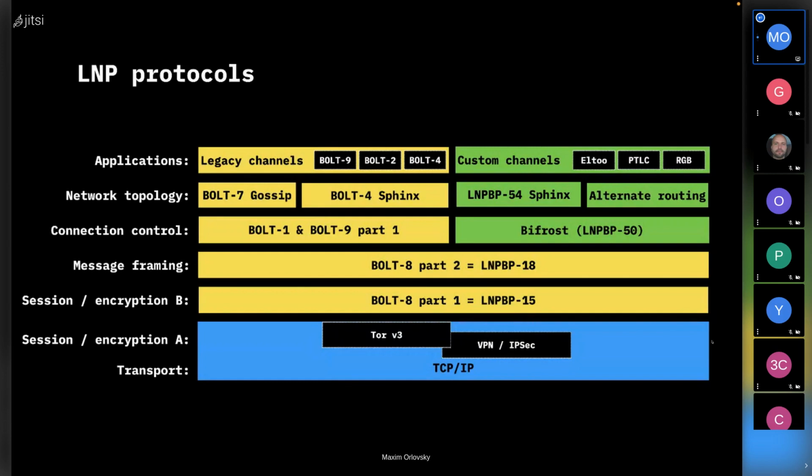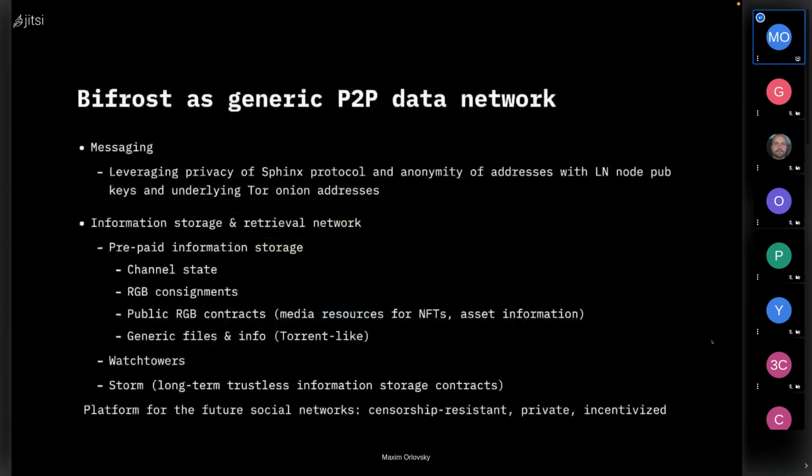As I already said, Bifrost abstracts the channels away to the application level, and payment functionality also to the application level. That makes Bifrost a perfect generic P2P data network that can be used for messaging.